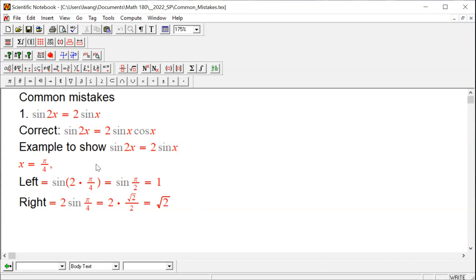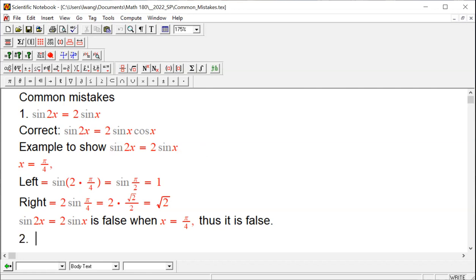So this statement is false when x equals pi over 4. False once, false. So please don't make this mistake. It is a very, very bad mistake, and I see it most often in calculus classes.